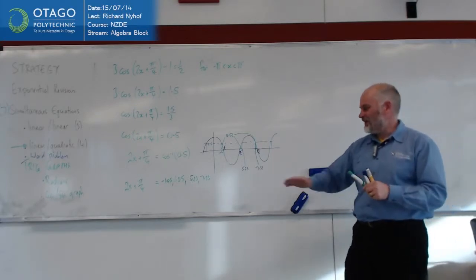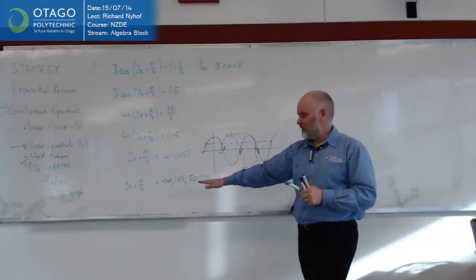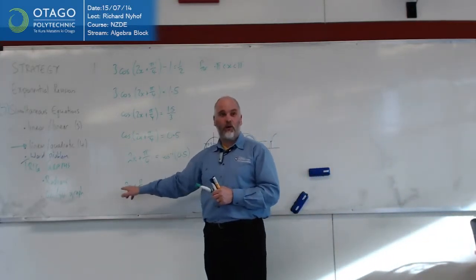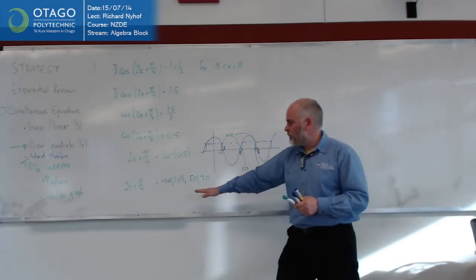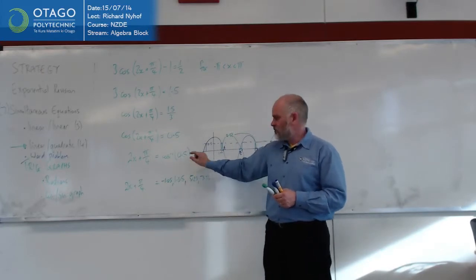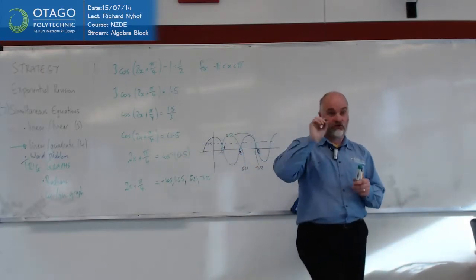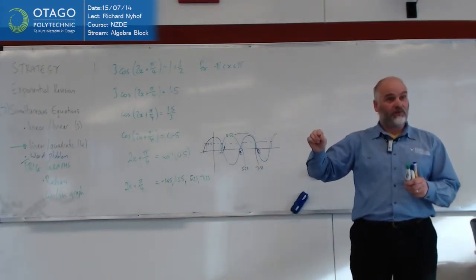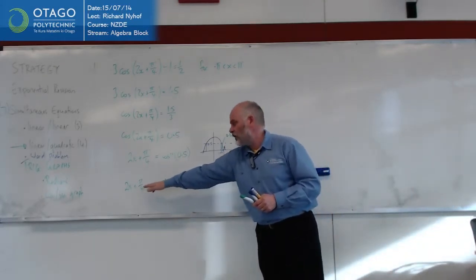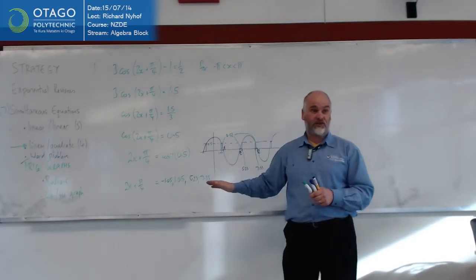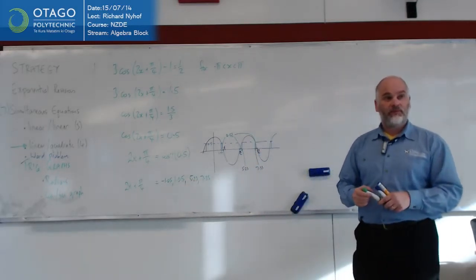Because these aren't the answers for x, these are the answers for 2x plus pi over 4. So a bit more algebra to do yet. But the reason that we get these points here is because it's the cosine inverse that introduces the multiple answers. Okay? So you've got to get the multiple answers at that stage, and then whatever you do, you've got to do to each of the answers. Okay? That make sense? Yep.